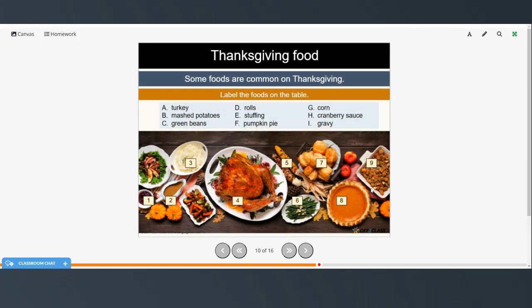All right, now see if you can identify these Thanksgiving foods. Again, you can pause the video, try it on your own, and then restart when you're ready to check your answers. So turkey is number 4. Mashed potatoes, number 3. Green beans, number 6. Rolls, number 7.